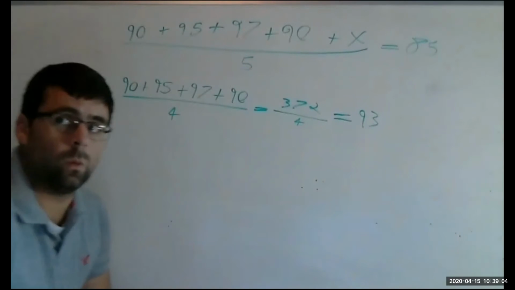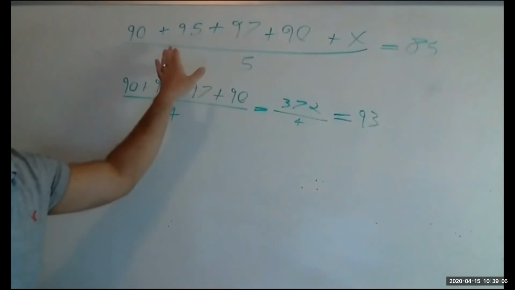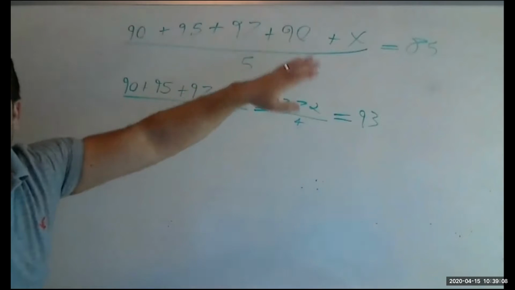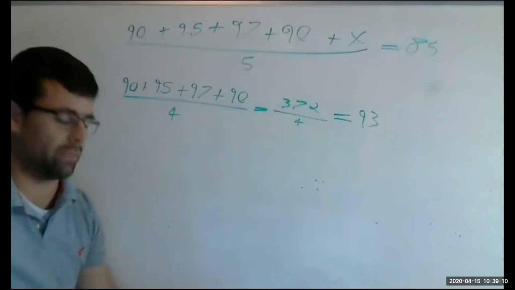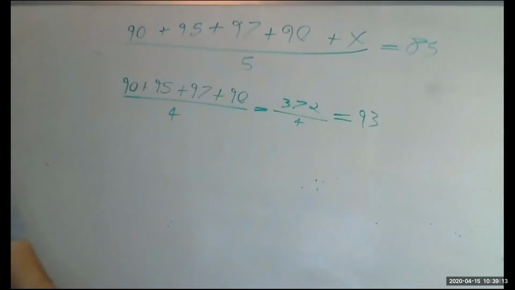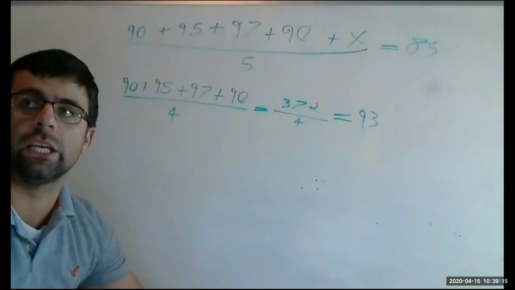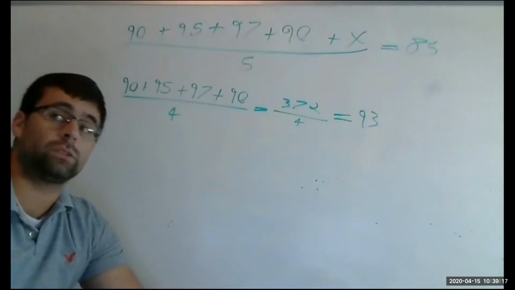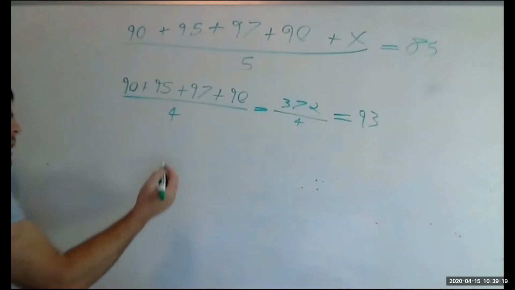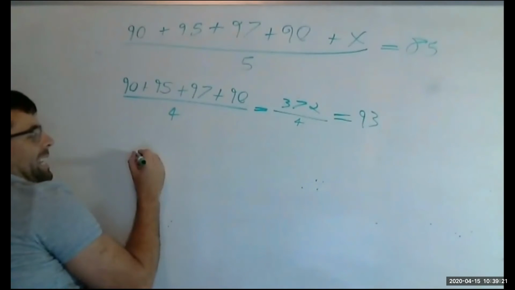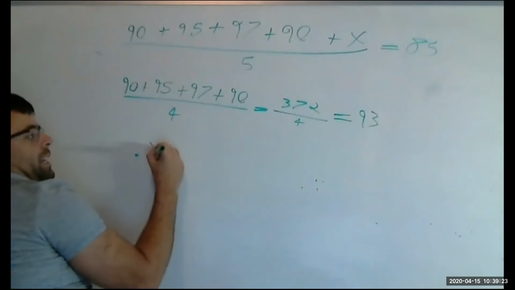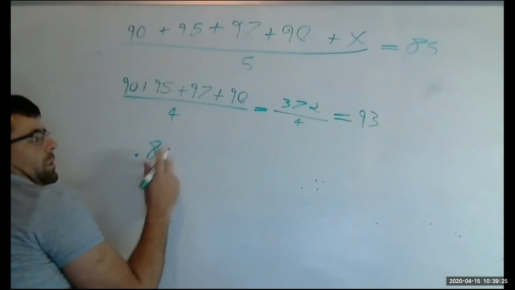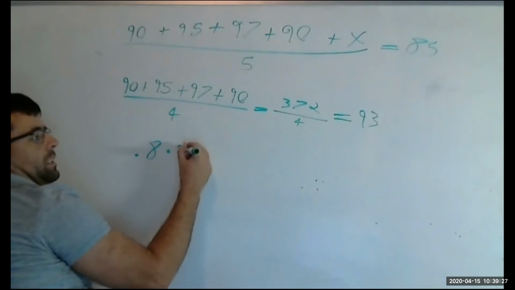So you made, on the first 4 tests, an average of 93 every time. So what you can do here is actually include them all together. On 80% of your tests, you got an average of 93.